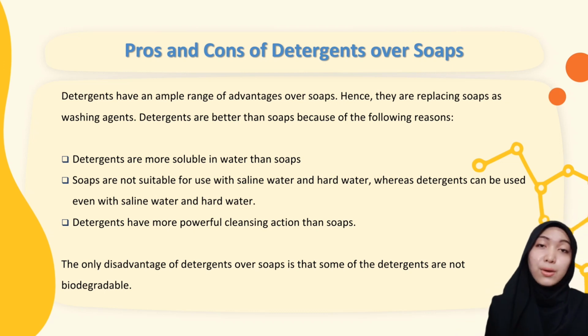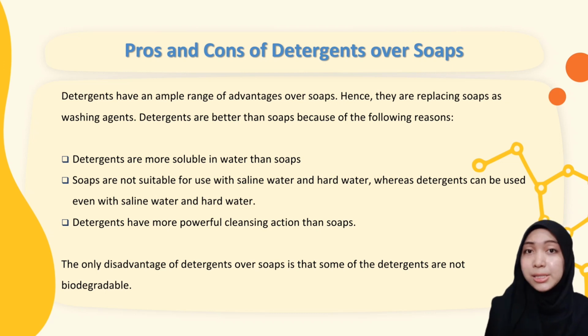Lastly, the pros and cons of detergents over soaps. Detergents have ample advantages over soaps, hence they are replacing soaps as washing agents. Detergents are better than soaps for the following reasons.